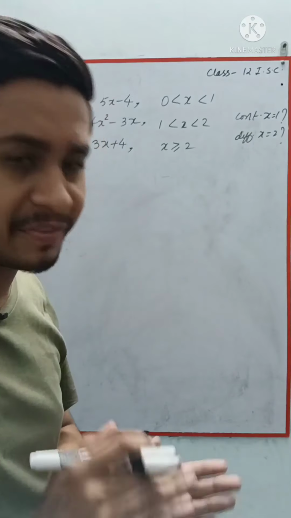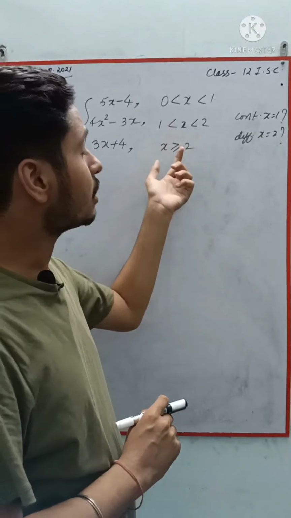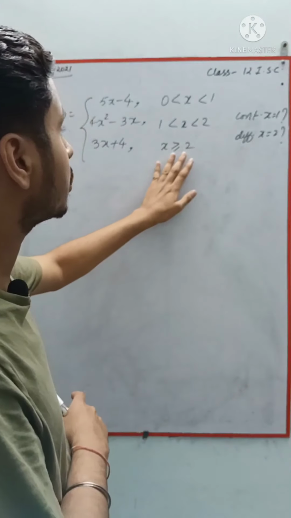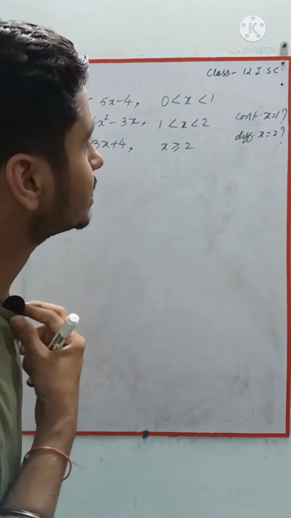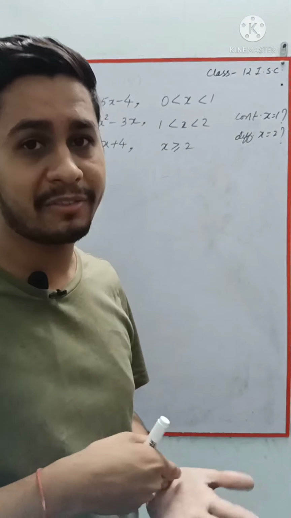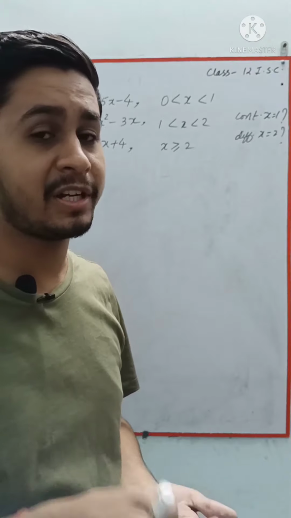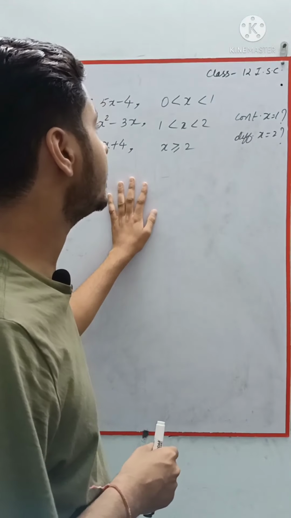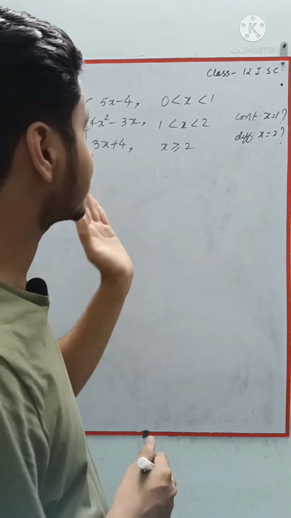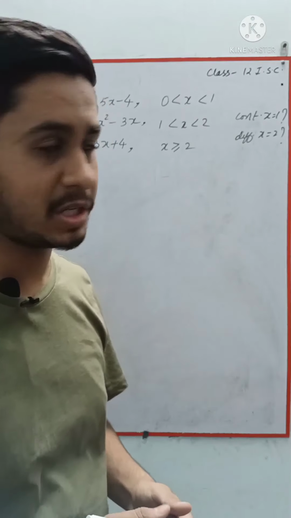So you have to write at the very start that f(x) is not defined for x equal to 1, because at 1 they are asking and they are going up to 2. Okay, so it is undefined. If this is not defined, that means it is not continuous, and if it is not continuous, then it will be a non-differentiable function. Okay, this is a discontinuous and non-differentiable function.